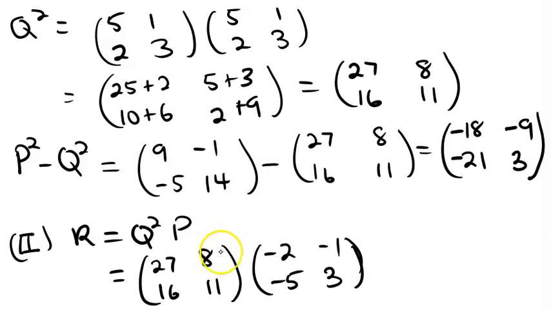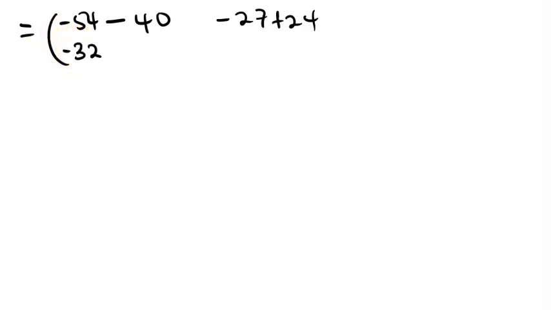First row, first column, we get minus 54 minus 40. Then this entry, minus 27 plus 24. Then down here, 16 times minus 2, that is minus 32, and 11 times minus 5, that is minus 55.